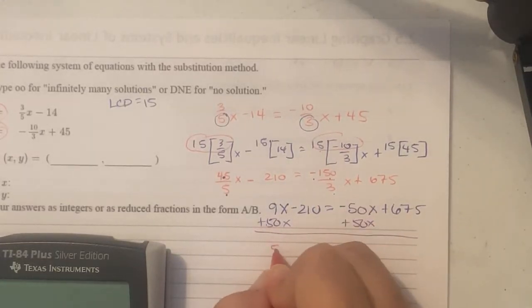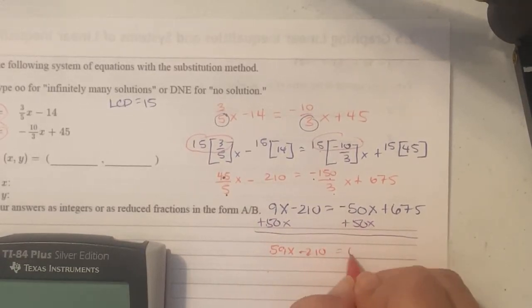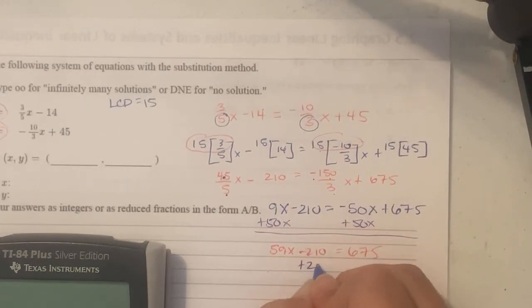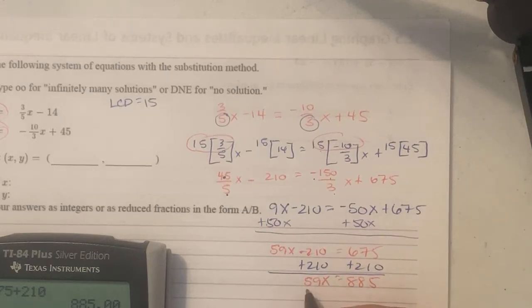So we get 59x minus 210 equaling 675. I'm going to add 210 to the right. So we get 59x equals 675 plus 210, which is 885, which we then divide by 59.